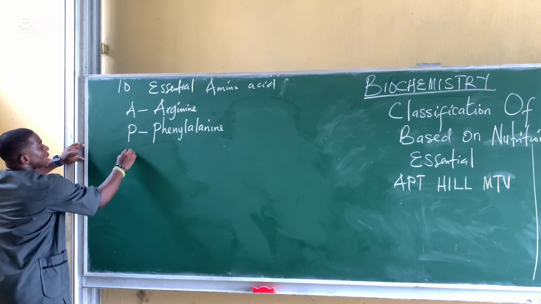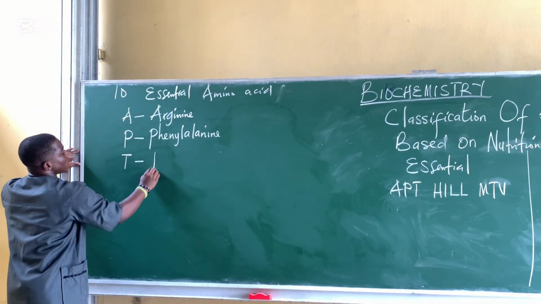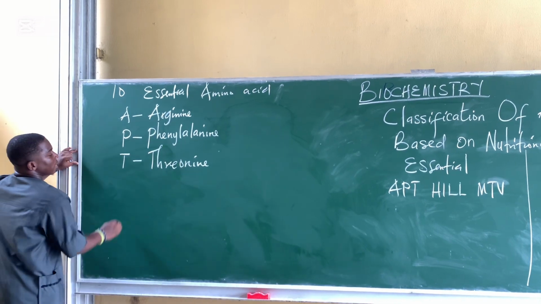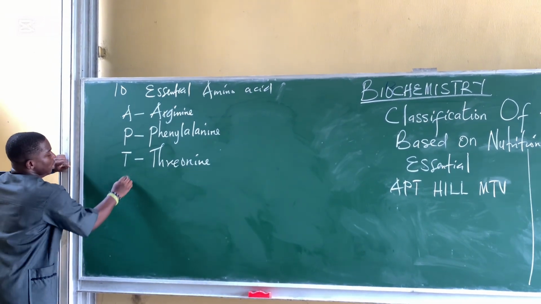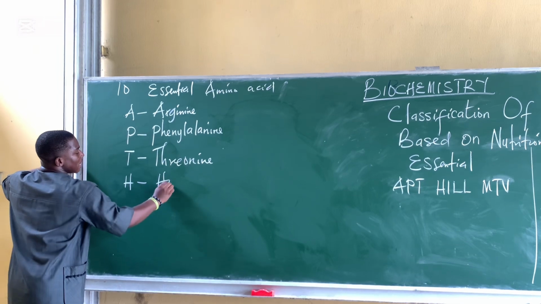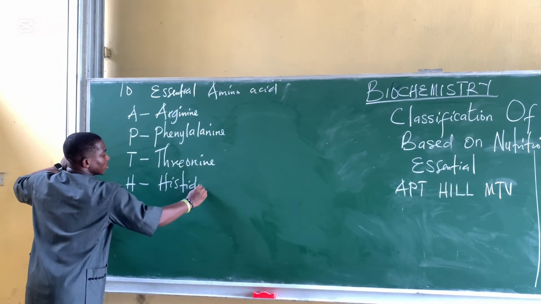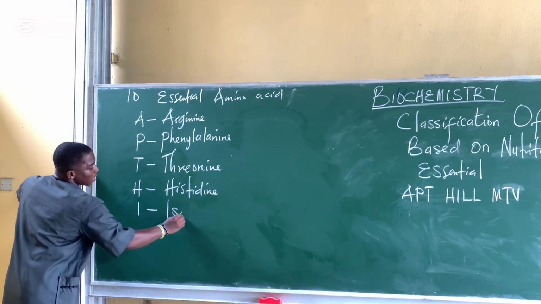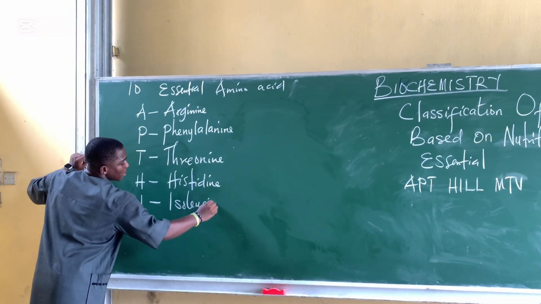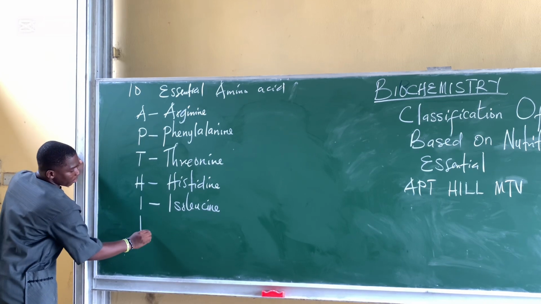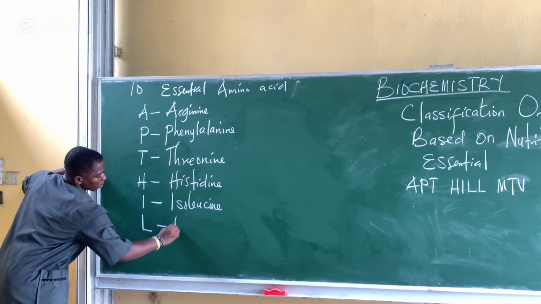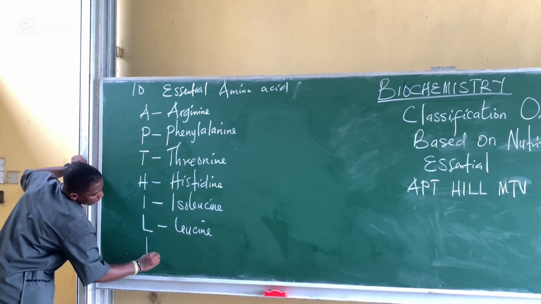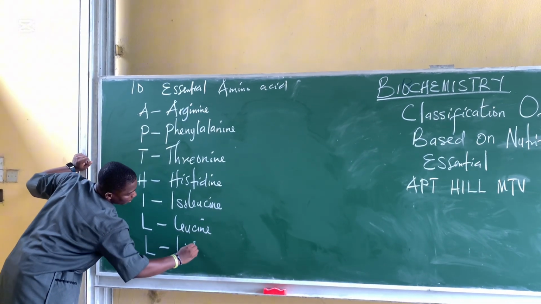The T represents methionine. Here, the H represents histidine, the I represents isoleucine, the L represents leucine, the other L represents lysine.